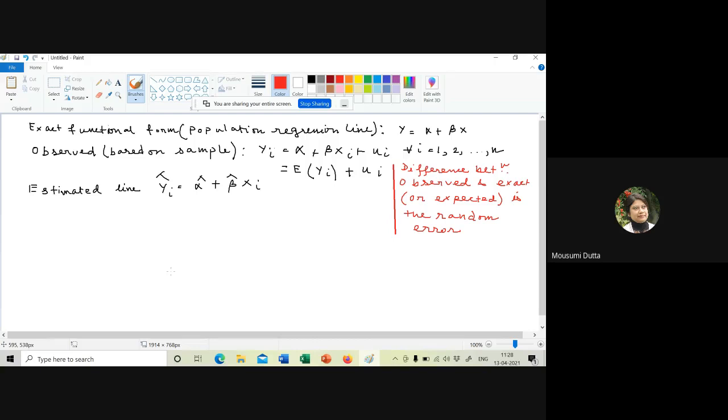So that can be the thing. So I'm putting one i here. I am not writing y, rather I am writing yi. yi is equal to alpha plus beta xi. So I'm bringing i, observations, where i is equal to 1, 2 to n.